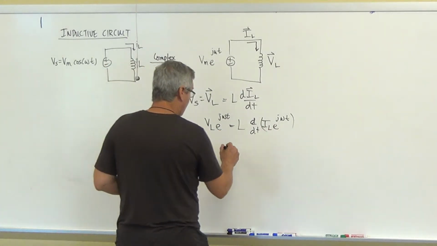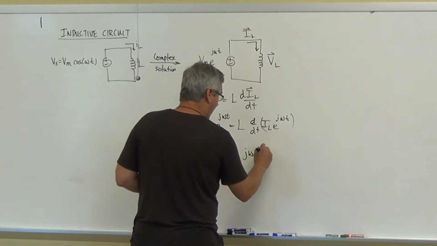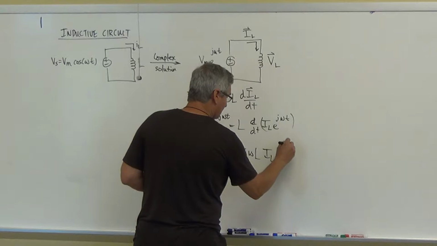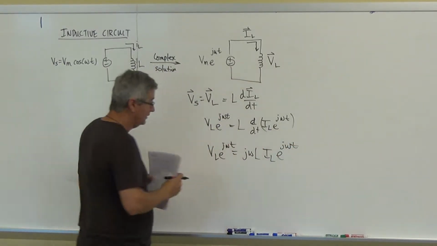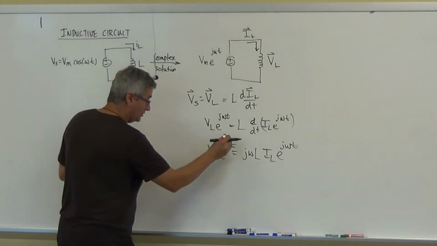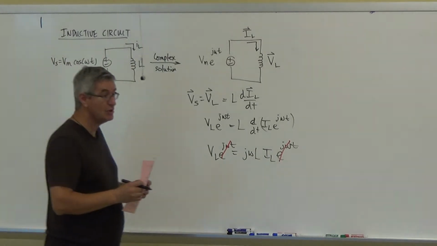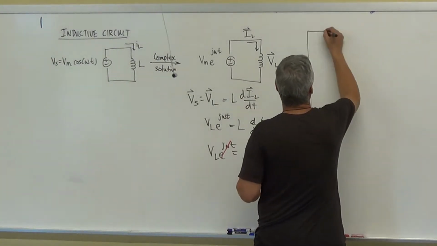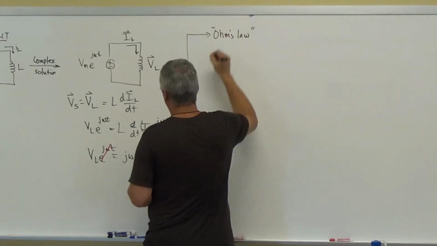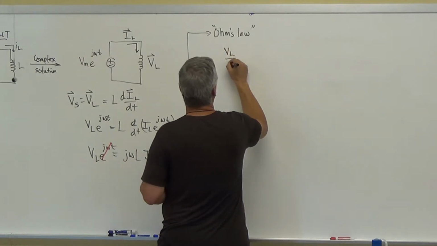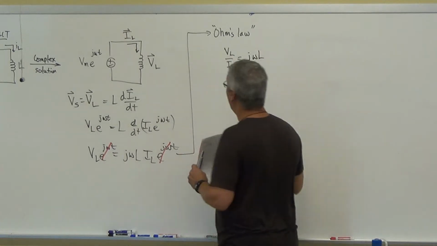So when I do that, I get j omega L, IL e to the j omega t, and once again you can see that this e to the j omega t drops out. And then if I put it into Ohm's law form again, what we find is that VL over IL has to equal j omega L.